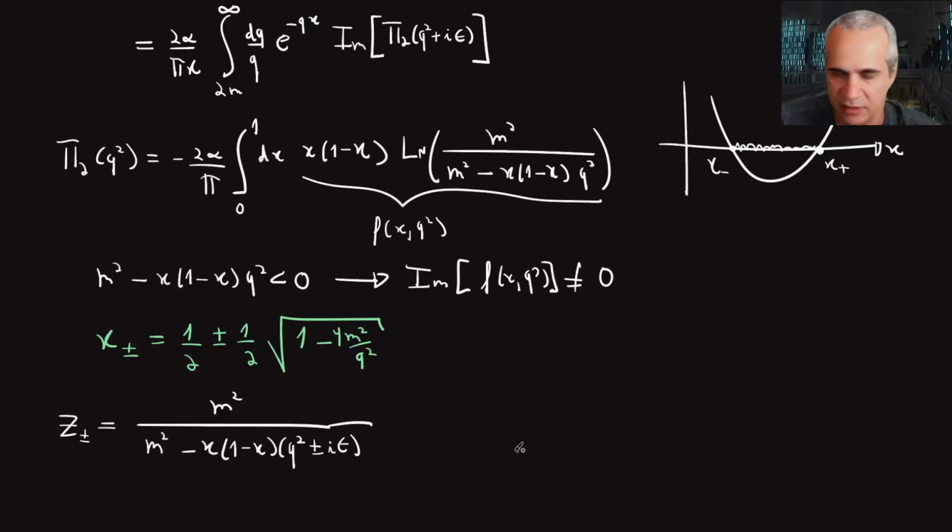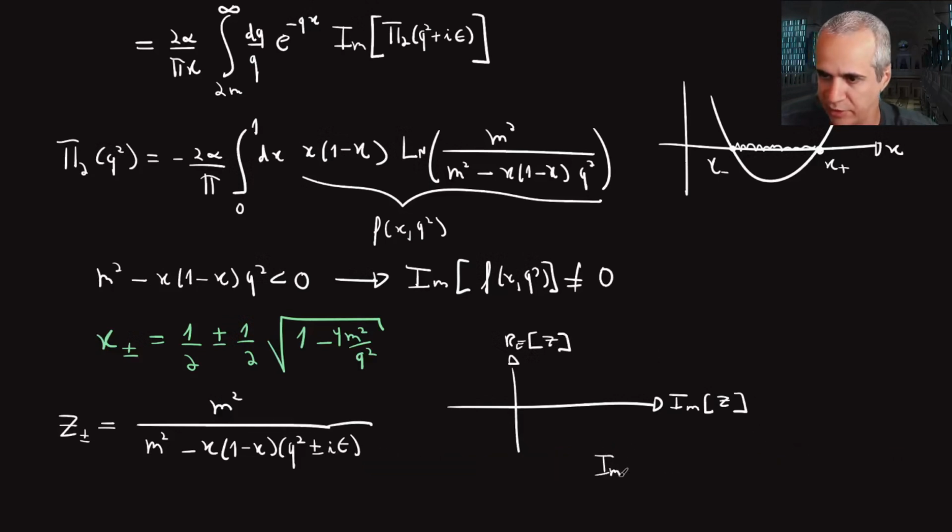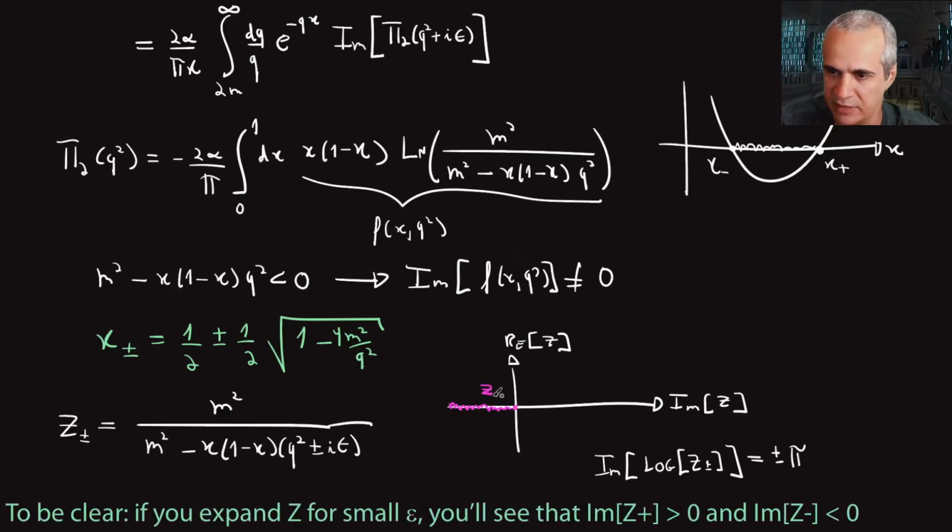Why? Because it's easy to remember that if you take the analytic extension of z, here's the imaginary part of z, here's the real part of z, and you calculate the imaginary part of the log of z plus minus, this will be plus minus pi, because this log has a branch cut starting here, and the z plus is on that side and z minus is on this side, right?